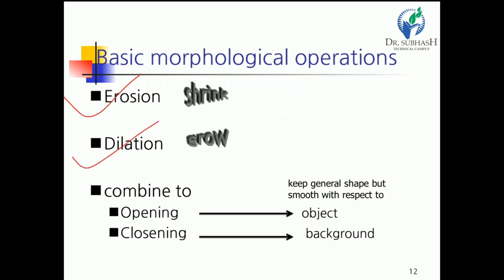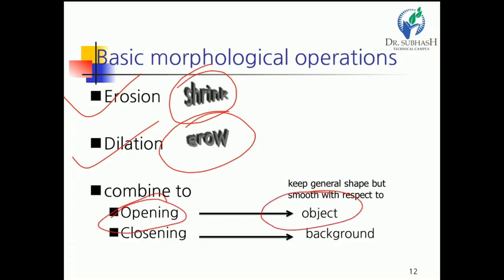We will discuss erosion and dilation later, where we can see the effect created on the image by erosion and dilation. Then combining them gives opening and closing. Combining them keeps the general shape but smooths it; opening is equivalent to working on objects, and closing is equivalent to working on the background of any image.